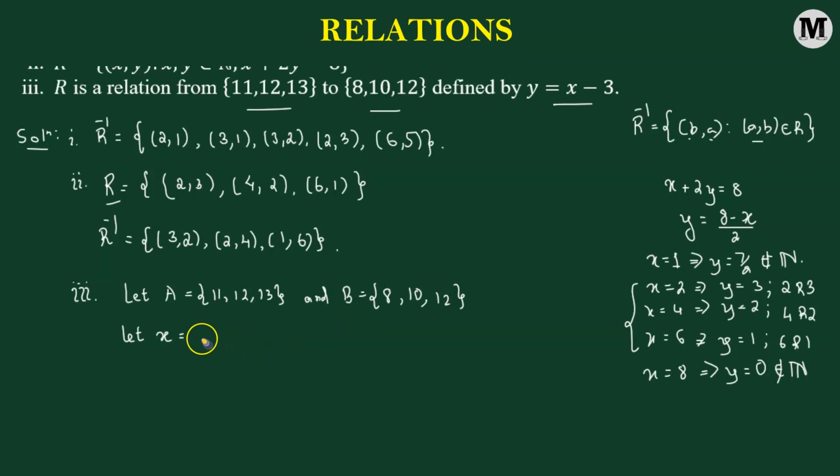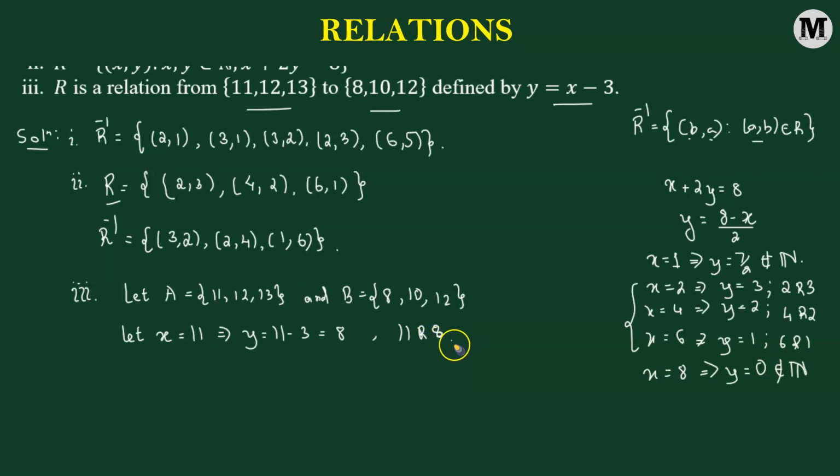Fine. So we have x equals 11, which implies that y must be equal to 11 minus 3. What's 11 minus 3? That's 8. So we have a relation 11 R 8. So when we choose x equal to 11, then y is going to become 8.